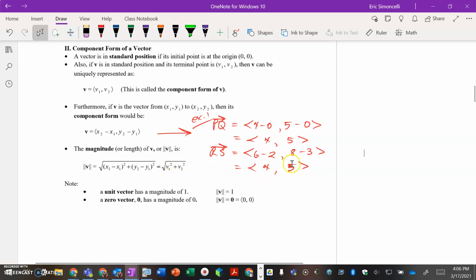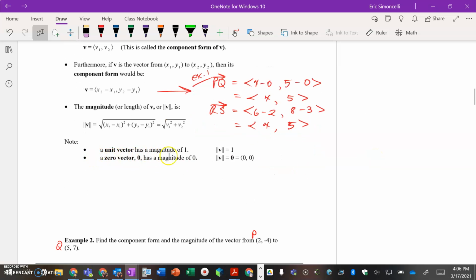And in the context of finding the length of PQ and RS, you can simply plug in 4 here, 5 there, and do the square root to end up with your length of that particular vector. PQ and RS will end up being the same length.